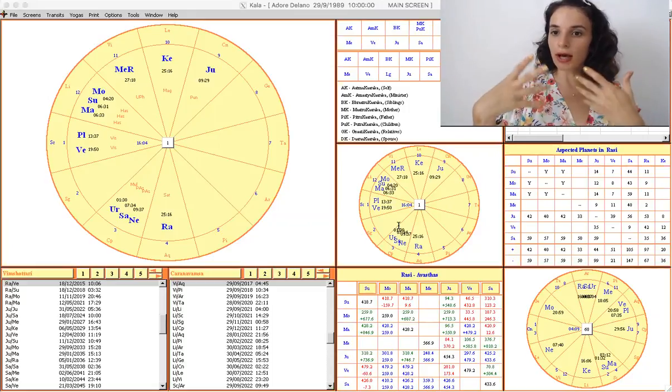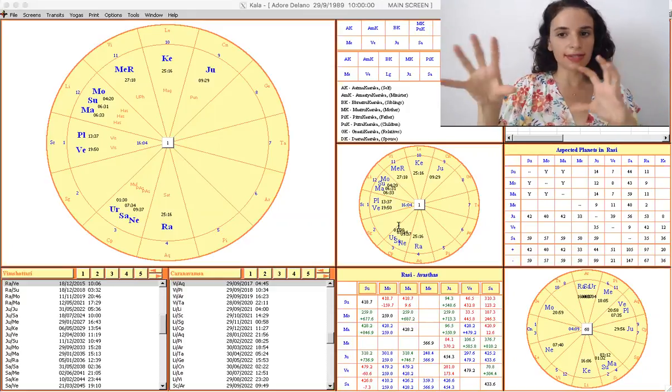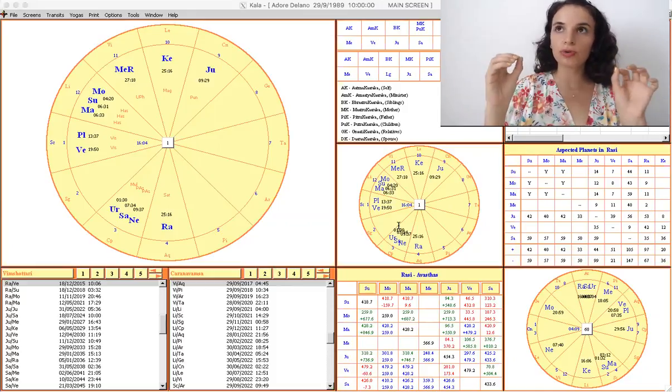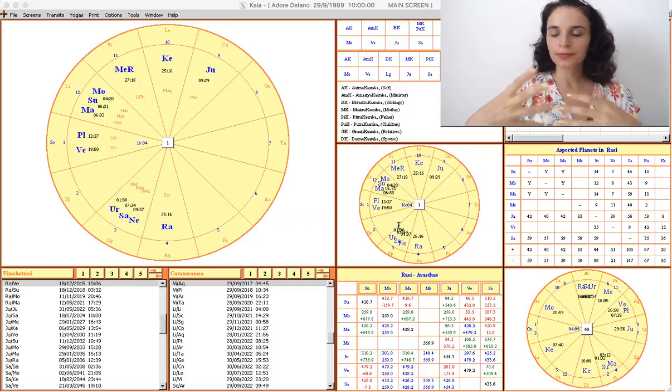So you can see how important it is. And also if we're looking at relationship events, we look at the seventh, which naturally relates to relationships, but we also look at the seventh from the seventh, which is the first.